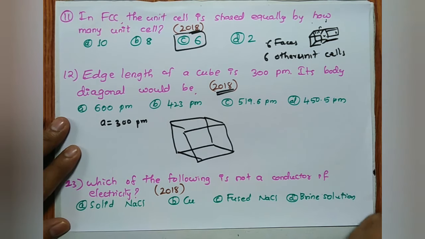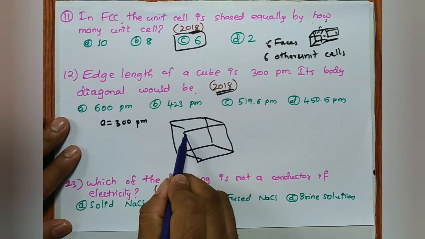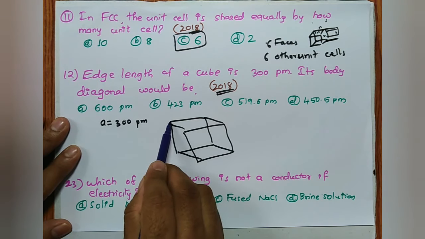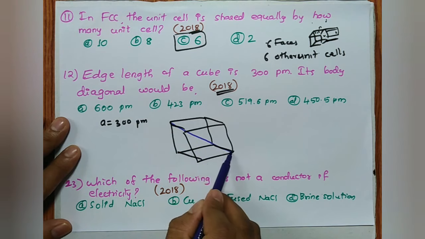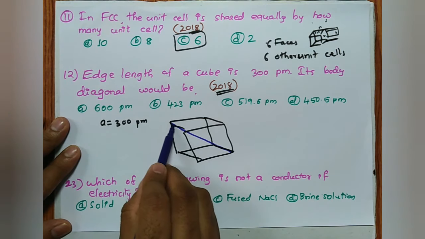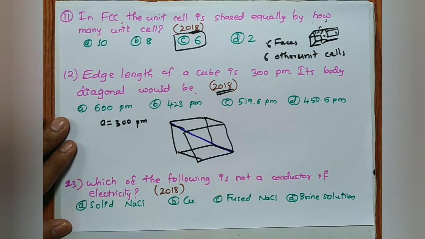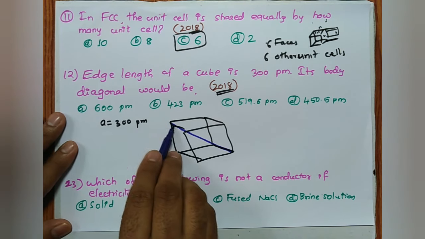Now the body diagonal, I can consider from here to here. Just imagine from here to here I can calculate. This body diagonal is what they are asking.